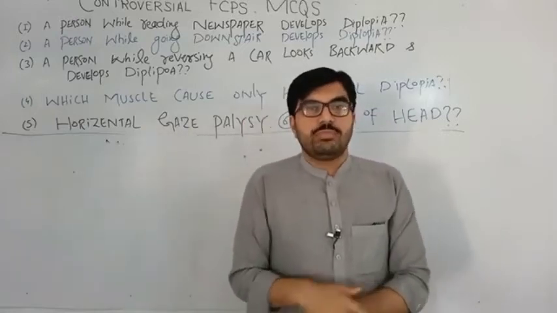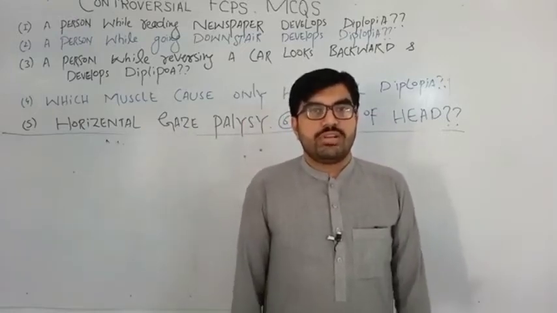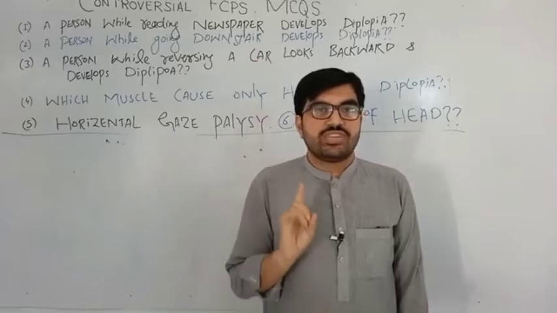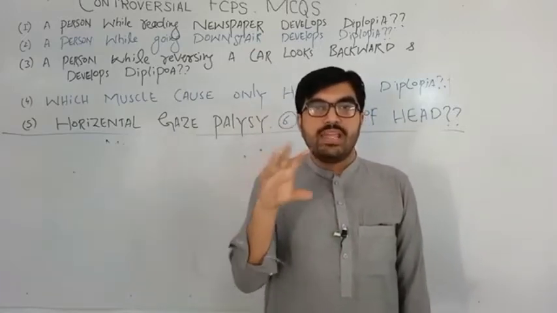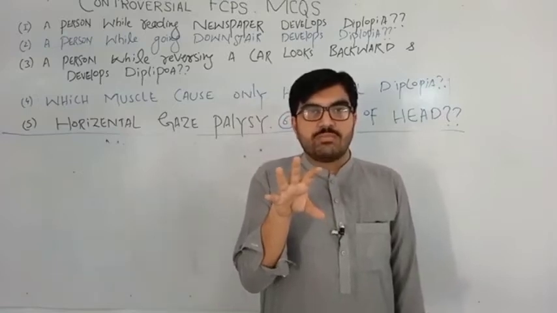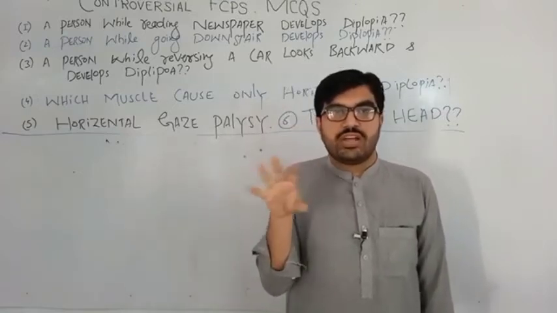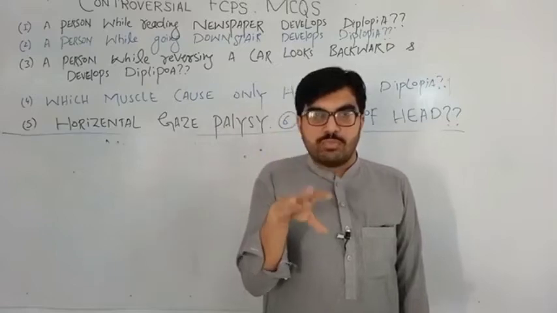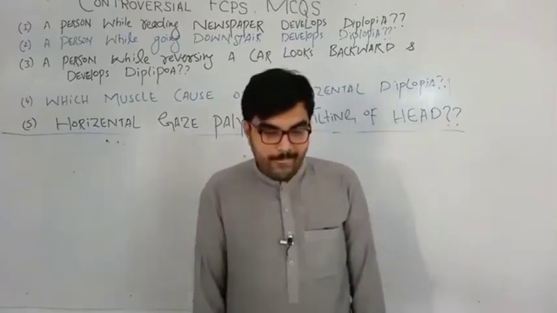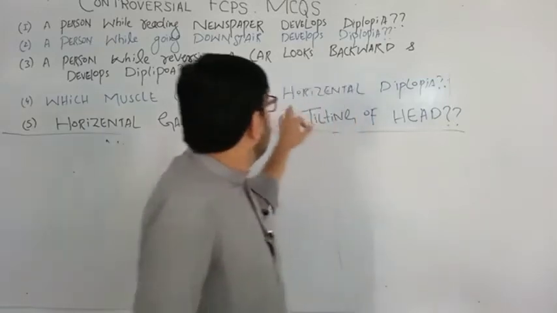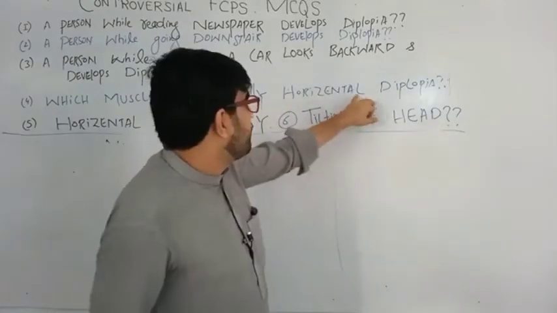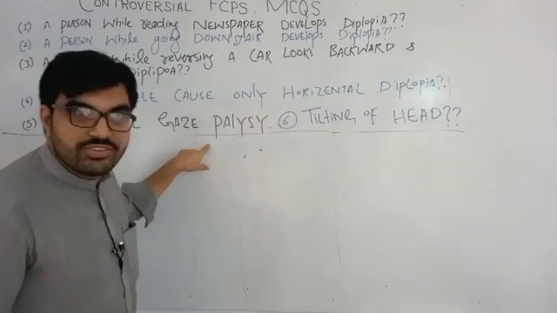Now there is only one muscle in all the extraocular muscles which causes only a single movement. That is abduction. And that is caused by the abducens nerve. That's why it's called abducens, because it causes abduction. So which nerve causes horizontal diplopia or horizontal gaze palsy?